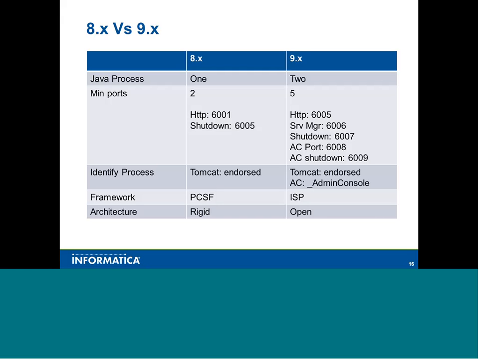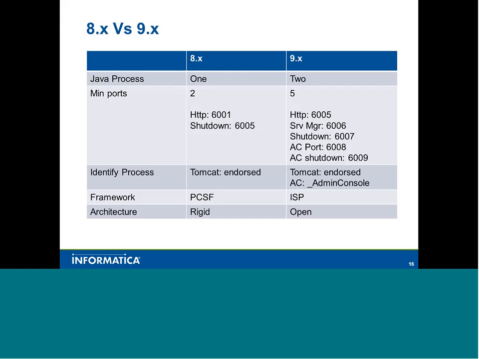Now it becomes 6006. Then the Tomcat itself needs a shutdown port, so it is 6007. The admin console, since it became an application by itself, needs 2 ports for startup and shutdown. Then we can add an additional HTTPS port if needed, right? So that is the difference starting 9.x. These are the minimum number of ports we need.